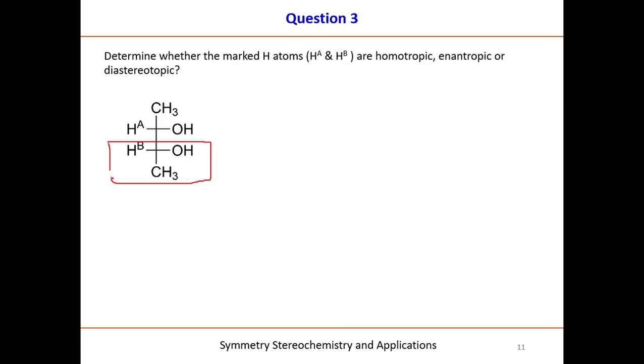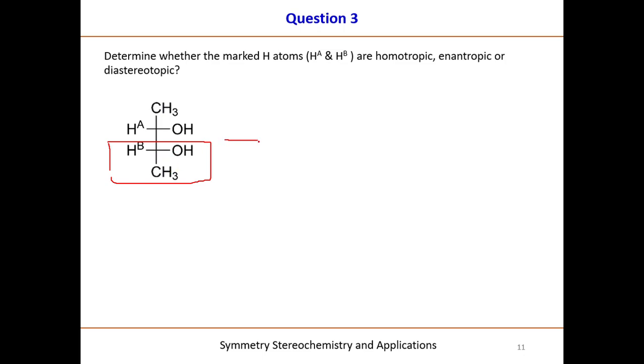That means if we change HA and HB, both will give the same isomer, because a plane of symmetry is present here and a C2 axis is also present.